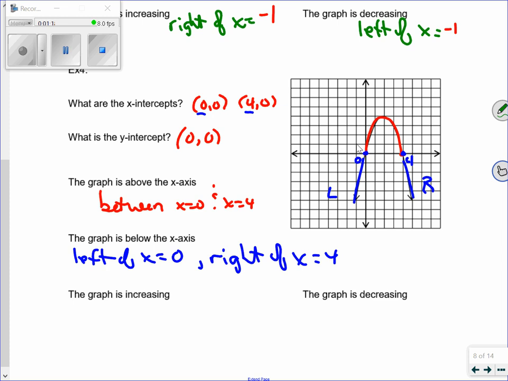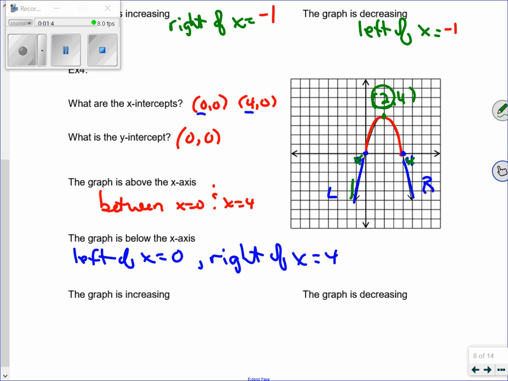Increasing and decreasing. For increasing and decreasing, we do not look at the x-intercepts. Instead, we look at this little point up here at the top. So you want to write those coordinates up there. That point is 2, 4, or actually you only need the 2. That's the important piece of information here. The left side of the graph is increasing.